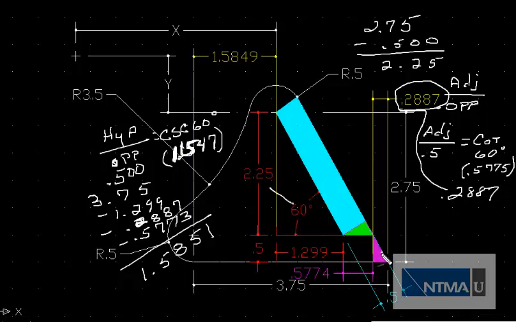So I know I have a ½ inch distance from here to here, because this ½ inch radius, or this ½ inch height, remains consistent all the way across. If this is ½ inch and this is the adjacent side I'm looking for, adjacent over opposite equals the cotangent. The cotangent of 60 degrees is .57735. All I'm going to do is take a ½ inch and multiply it times the .57735.